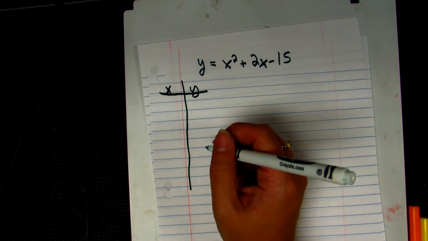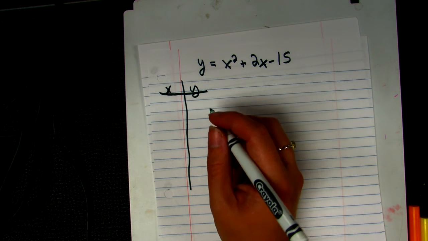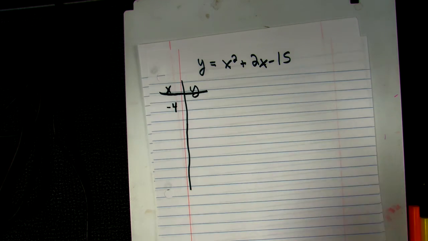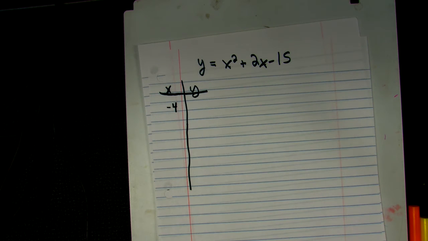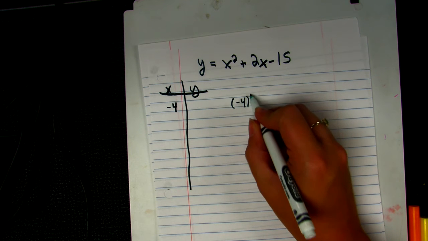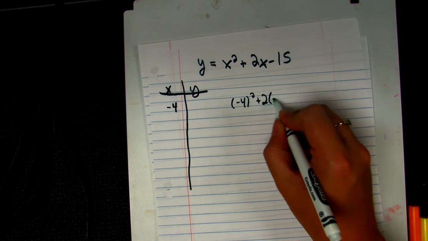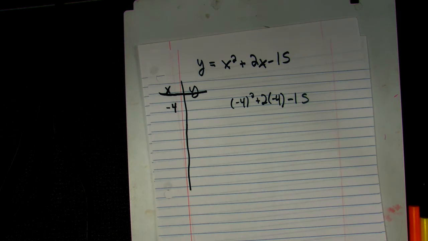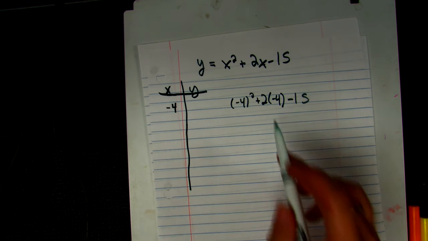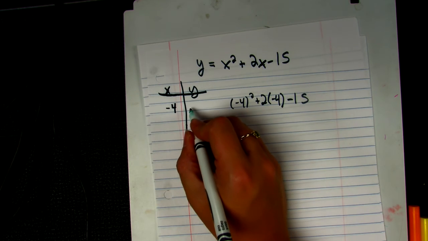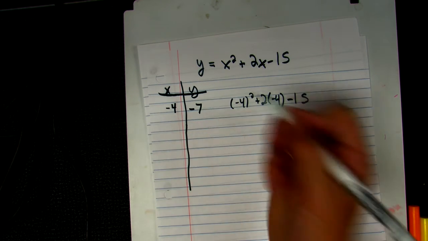All right, so I would like to start with -4. So when I plug in -4, I get (-4) squared plus 2 times -4 minus 15. And if I do the math on that, that's 16 plus -8 minus 15, and that gives me -7.